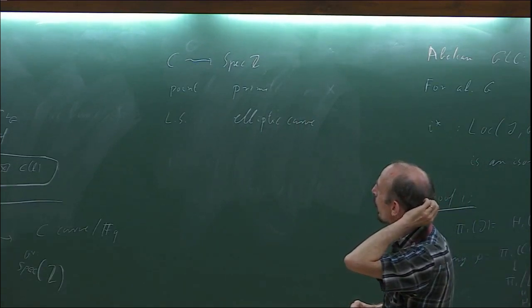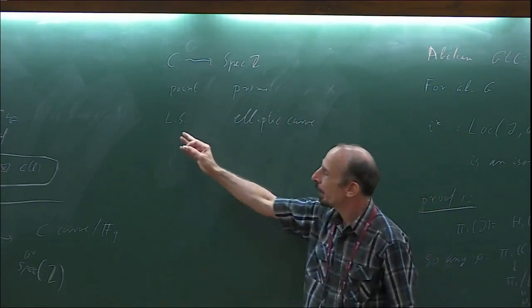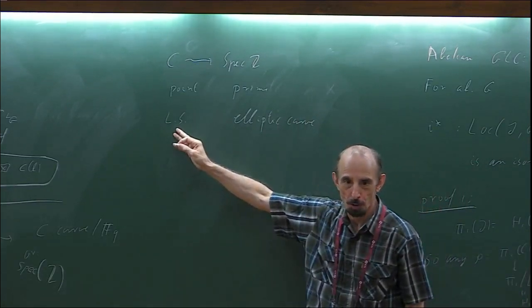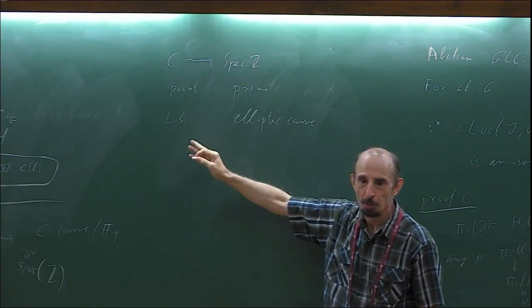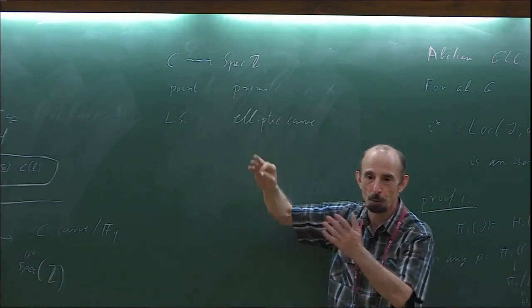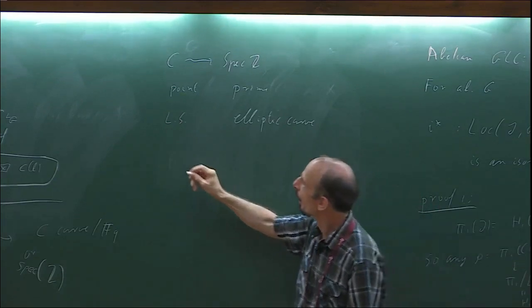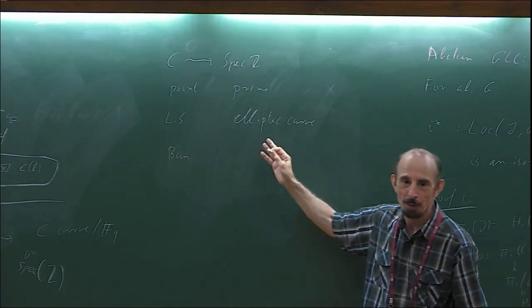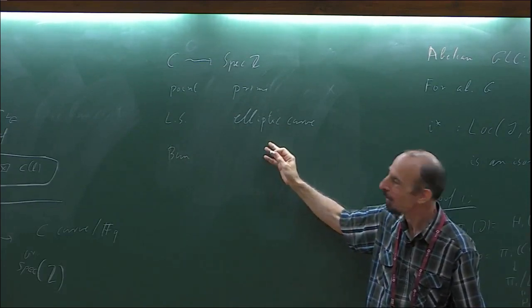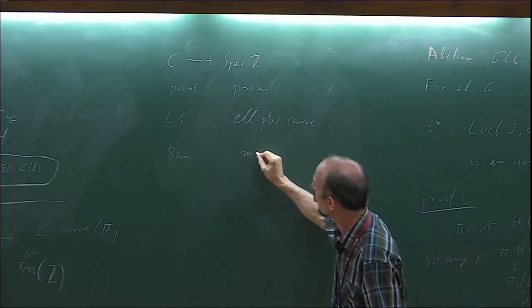Now what is Langlands supposed to tell us? That given a local system on the curve, here Spec Z, we get a local system or a perverse sheaf or something over some moduli space. So what will Bun become? It'll become the moduli of elliptic curves, so some modular curve.